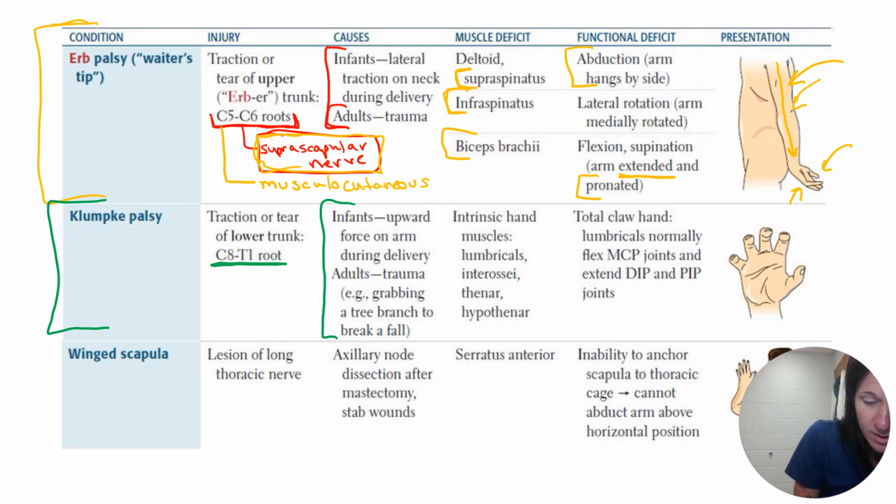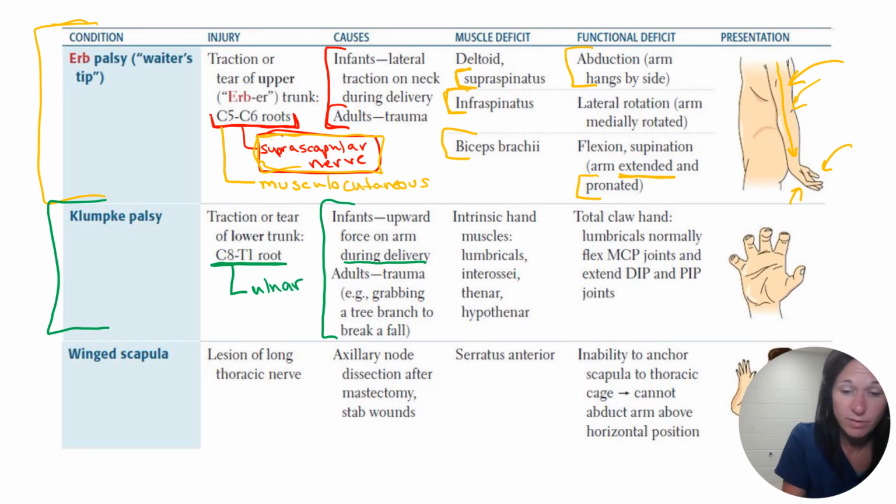So in an infant, this could occur during delivery, or in an adult, right, trying to stop a fall. We get this force that can cause damage to the lower brachial plexus. And we said, when we think about brachial plexus, when we think about C8, T1 and follow it over, right, this is going to be the ulnar nerve.